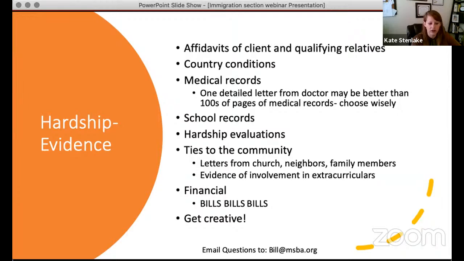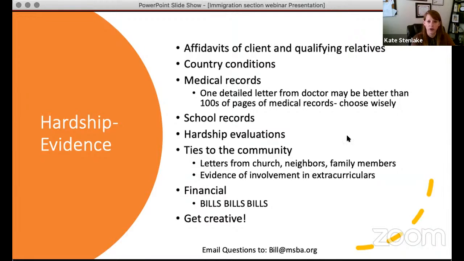Don't be afraid to talk about the future, in terms of what possibly could happen, or what the client would be losing in the future. So for instance, maybe the qualifying relative had health issues, they've cleared up, but there's always the possibility there could be flare-ups.